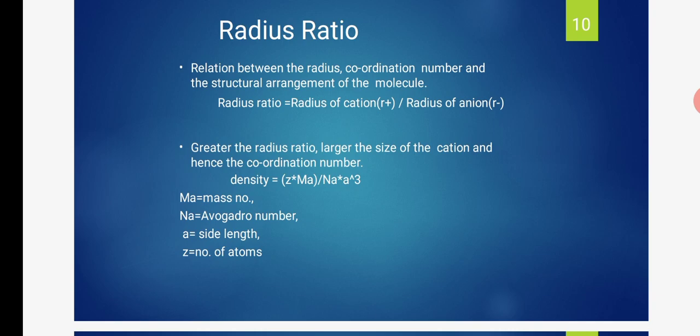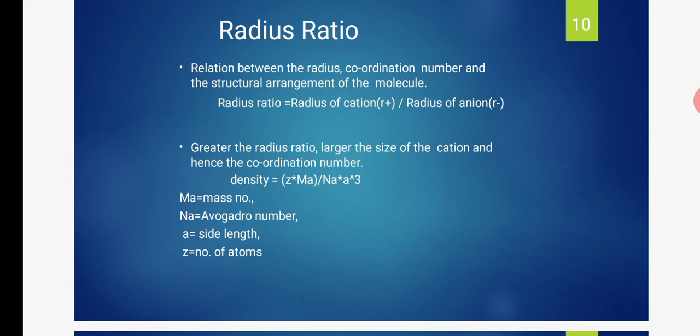To calculate density, there is one formula. Density is equal to Z M_A divided by N_A into A cube. Details we can see in the calculation part, where M_A is mass number, N_A is Avogadro number, A is length of the cube, and Z is number of atoms.